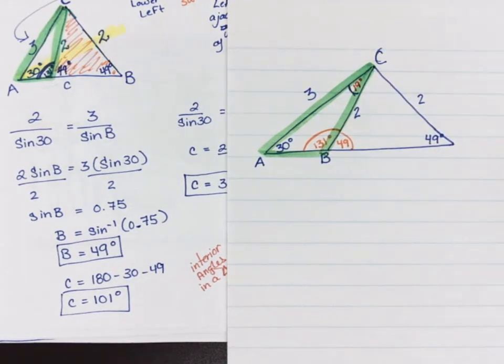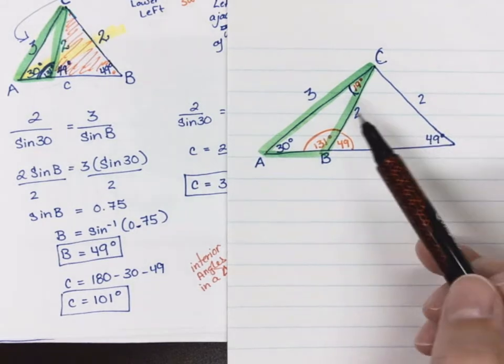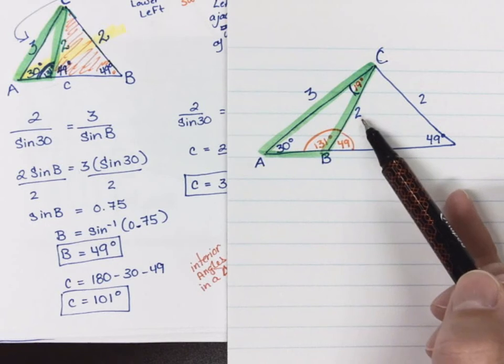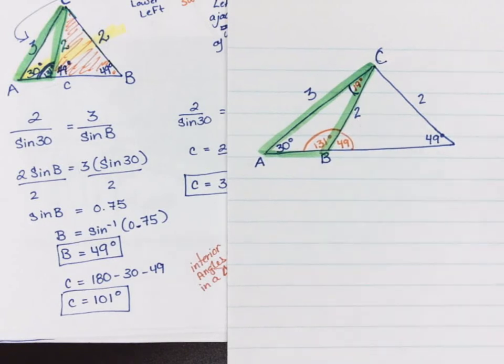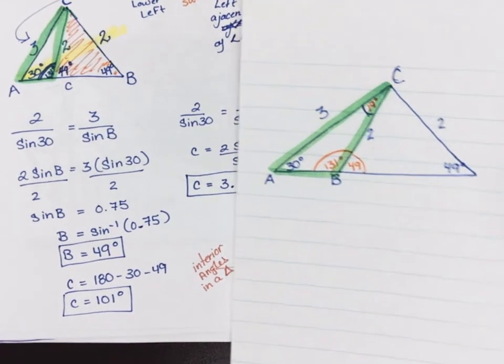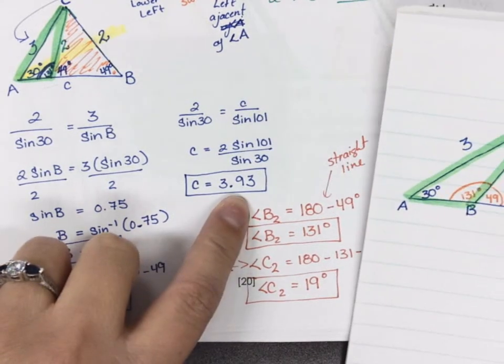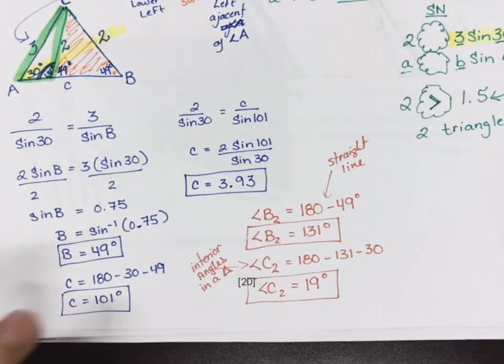Sorry, which one? B. 3 is my longest side in this case, right? Because we know that this is 19. Which one's my smallest side? C. So when you calculate C, you should know that it has to be less than 2, right? So don't get weirded out when your answers are small and C was really big over here, but now you're in a smaller triangle.